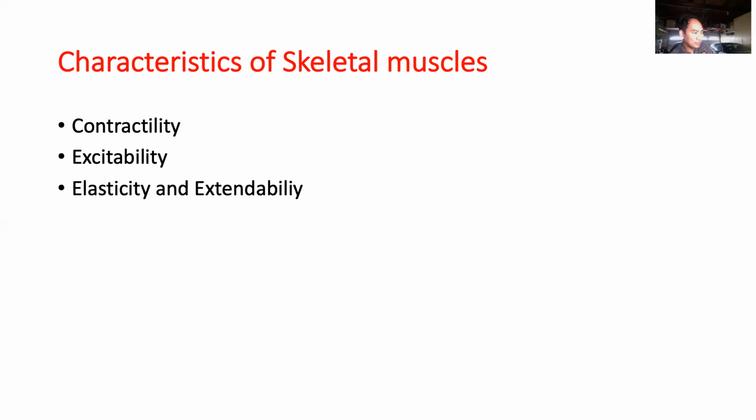When electrical or chemical signals come and excite the muscle tissue, it gets excited and contracts. It also has elasticity, being stretchable and returning to the normal state, and extensibility. You can pull the muscle to some extent. Once you release the stress of pulling, the muscle goes back to its normal length. That is what we call extensibility.